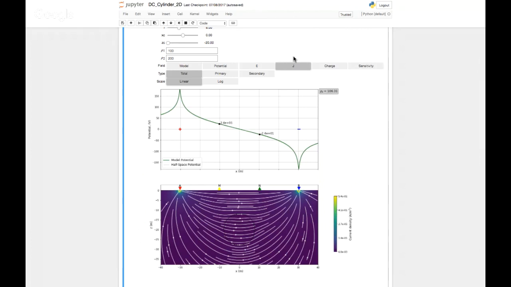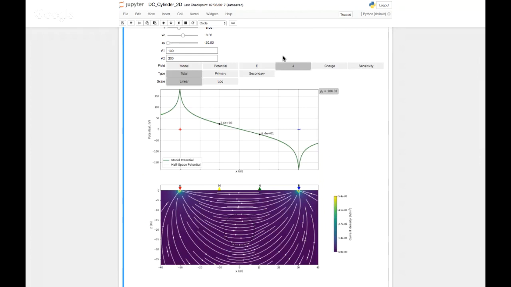Then I also talked a lot about charges. Suppose I've got this kind of system and I ask for the total charge. What would you expect to see? Anybody?